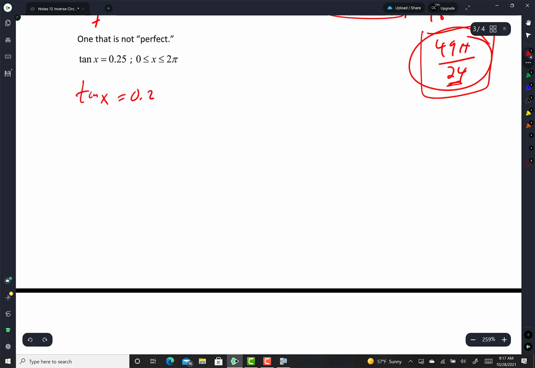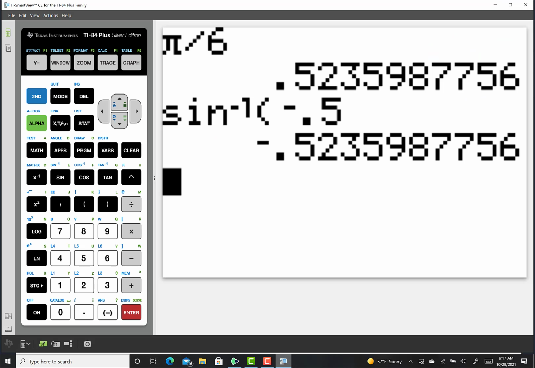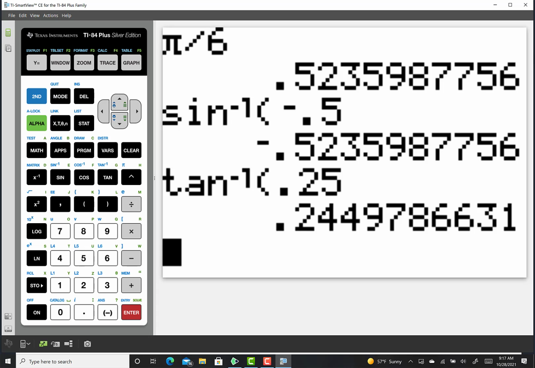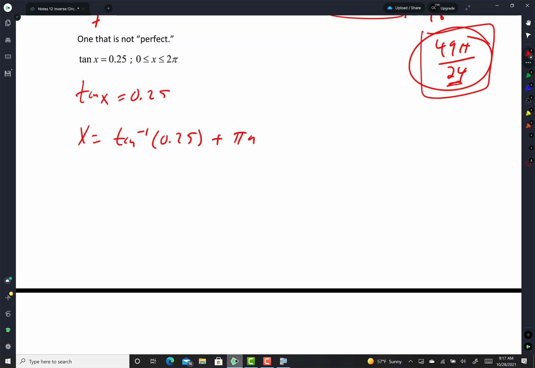So here we go. X equals arctan of 0.25 plus pi n. You take your calculator, and you're literally just going to go second arctan, 0.25, enter. So I got 0.2449. X equals 0.2449 plus pi n.